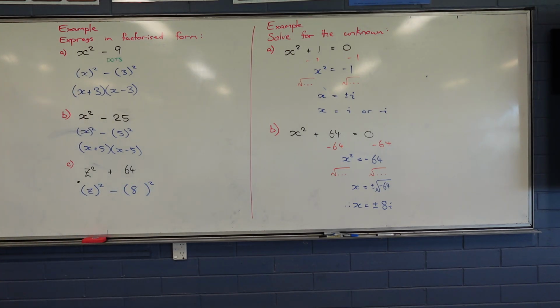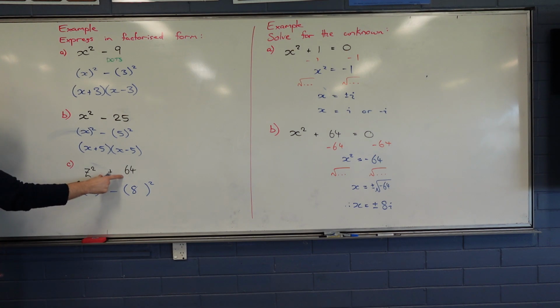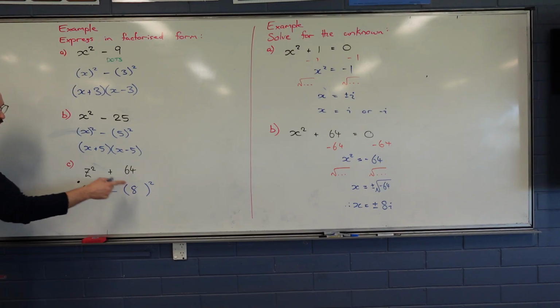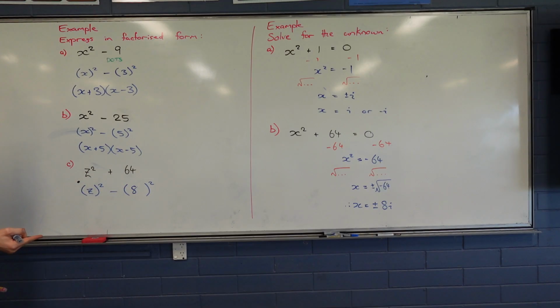What number can you square to get negative 64? Remember, this is a positive there. We're going to need two negatives to make this positive again. What are we going to put in here? Because if we go negative 8, we're going to get 64 coming out.